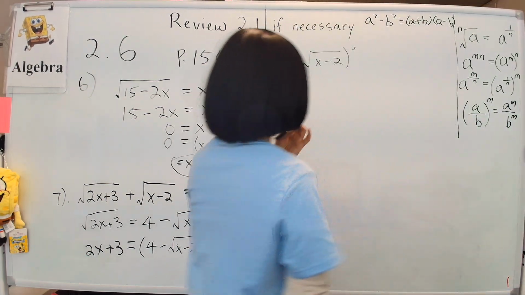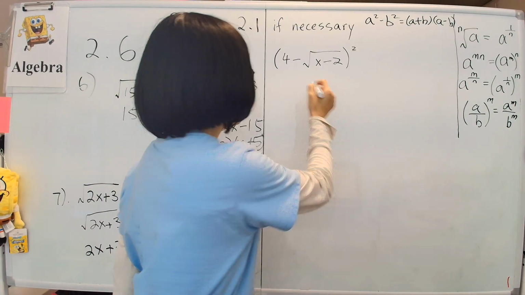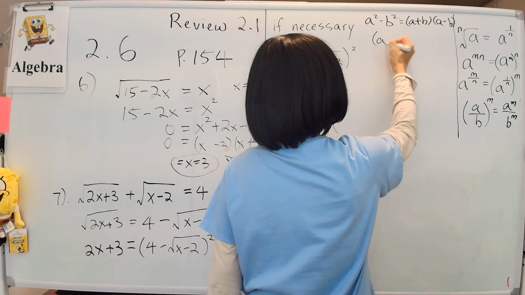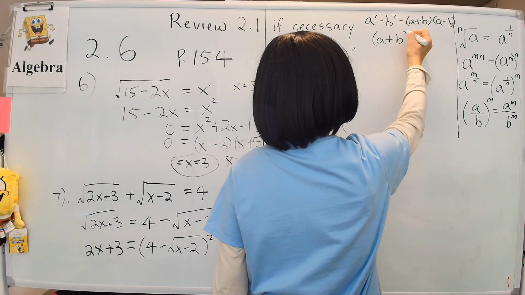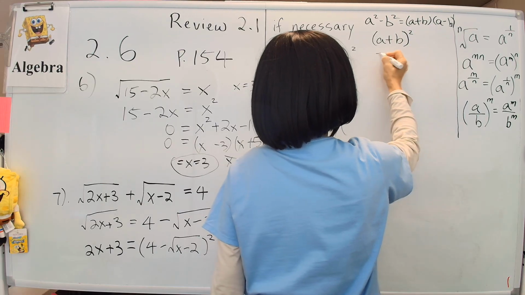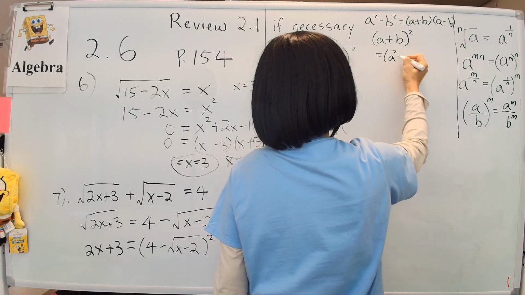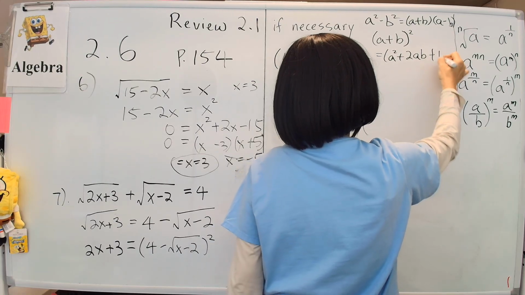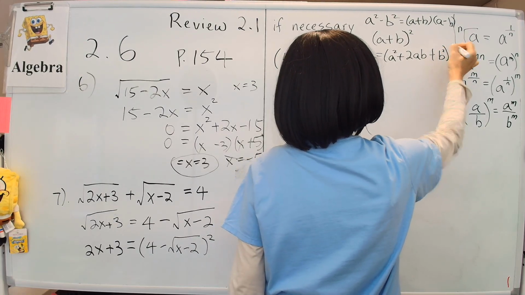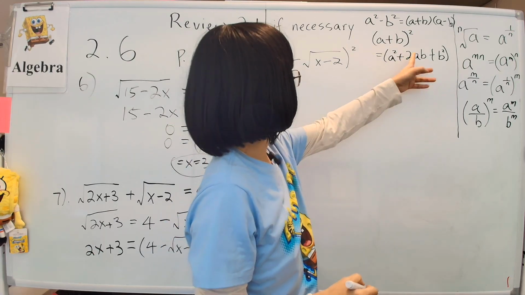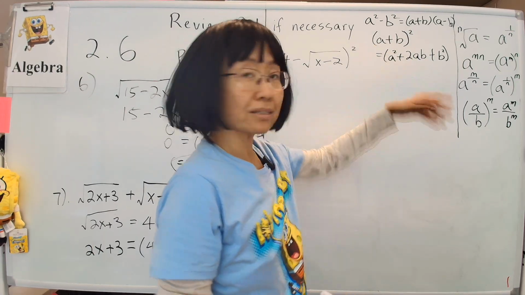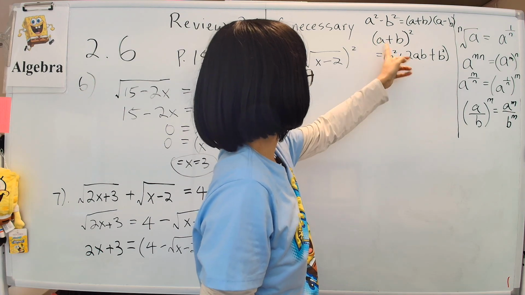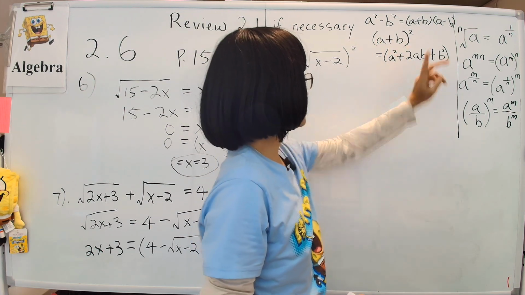The way we do it is the same way we always do it. What is the square of a plus b? A plus b squared is equal to a squared plus 2ab plus b squared. This is true because if you work it out, that's how it comes: a times a gives a squared, then a times b twice, and then b squared.